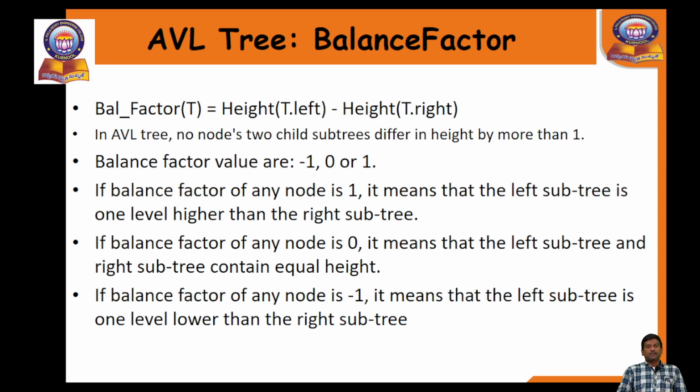So understand, if the balance factor is equal to 1, then the left subtree is one level higher. If the balance factor of any node is 0, the left subtree and the right subtree have equal height. And if the balance factor of any node is -1, the left subtree is one level lower than the right subtree.